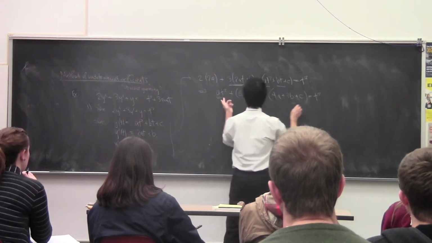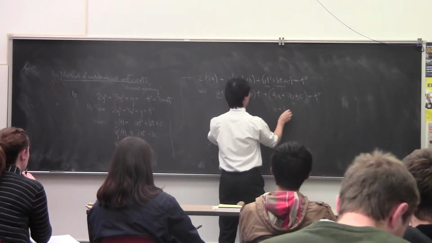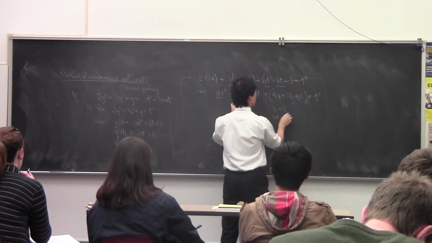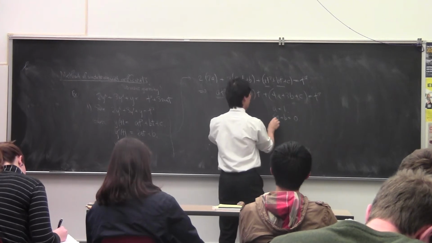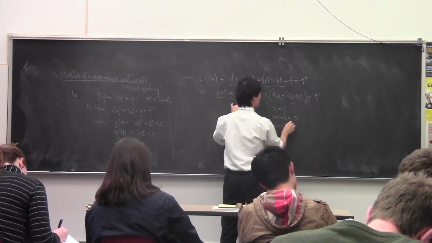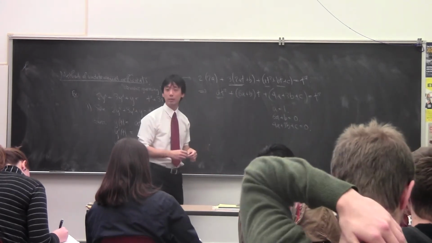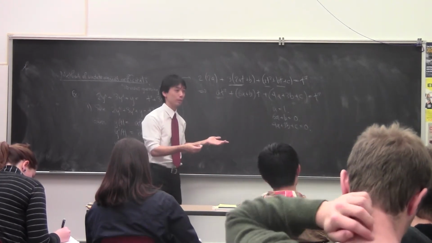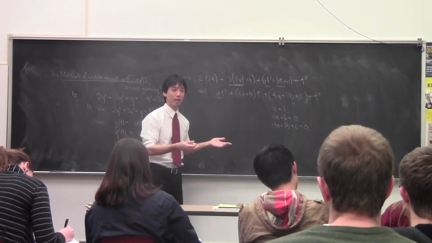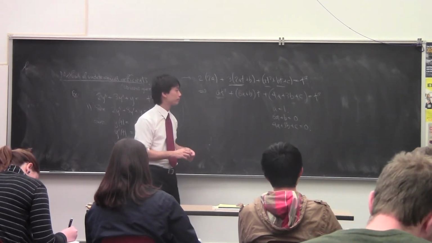So you know that a must be 1, that 6a plus b must be 0, that 4a plus 3b plus c must be 0. Because you can't have two Taylor polynomials being identical and having different coefficients.